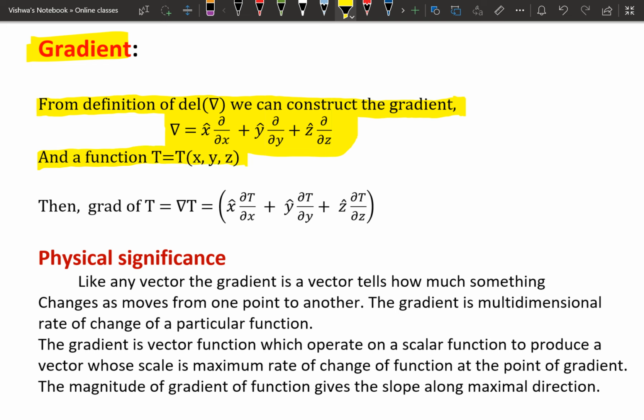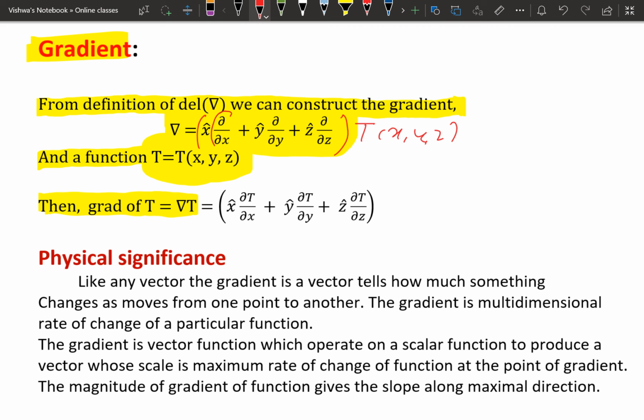Then the gradient of T, given by del T, we have to operate on this function T of x, y, z, not multiply.